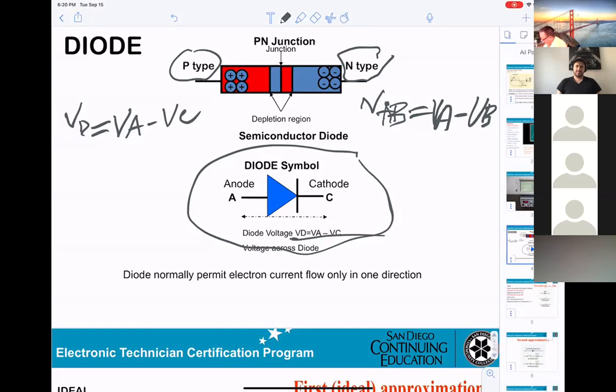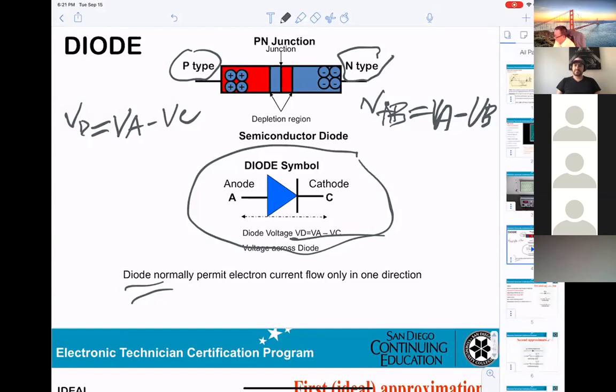Okay? First thing. Second thing. The diode normally permits electron current. That means we're talking about current flowing in only one direction. That means current can go from A to C, but it cannot go back from C to A. That's the purpose of the diode. When you look at the symbol, you know this is the diode.